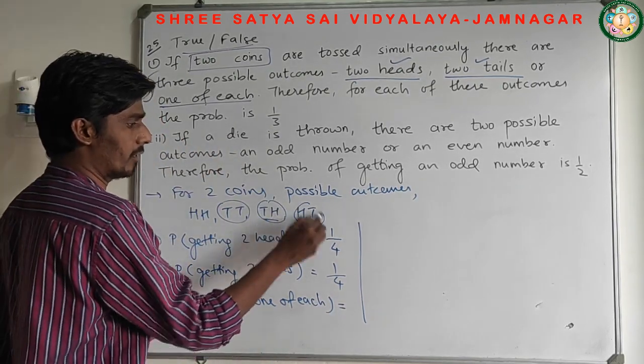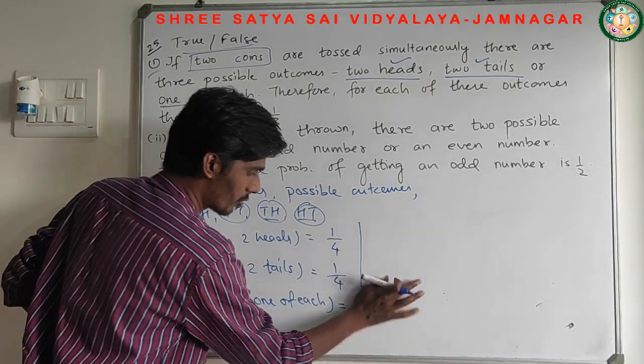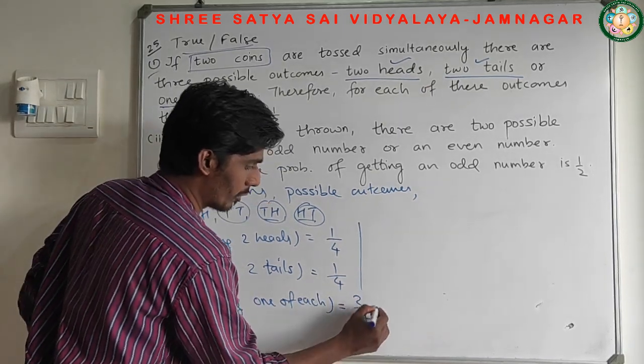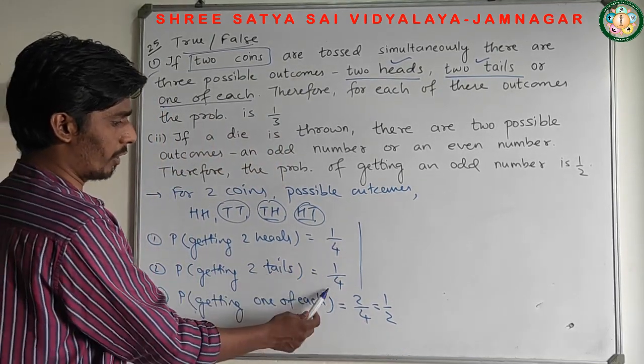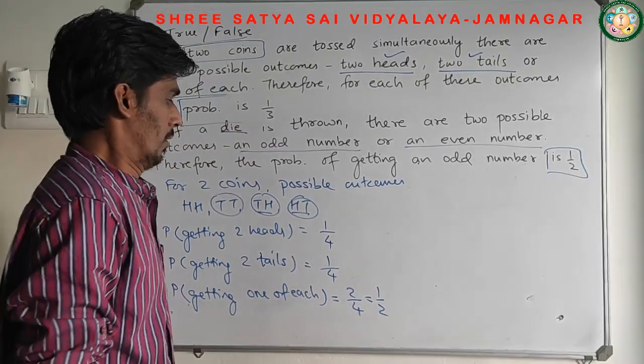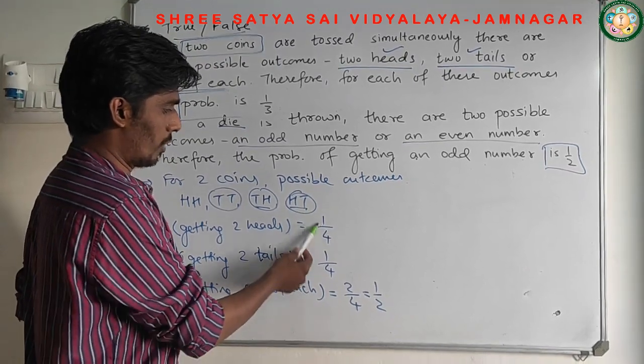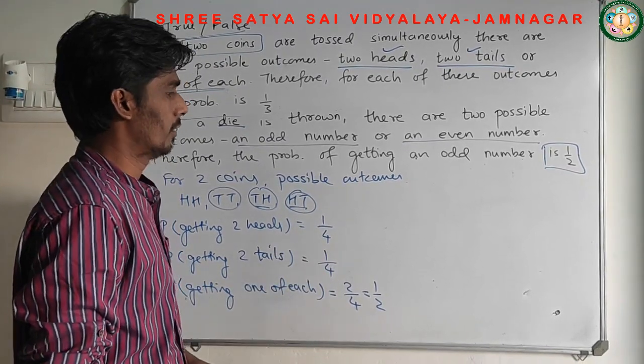It's 1 and 2. So this will be 2 by 4, and the answer is 1 by 2. So the 3 answers we got are 1 by 4, 1 by 4, 1 by 2.